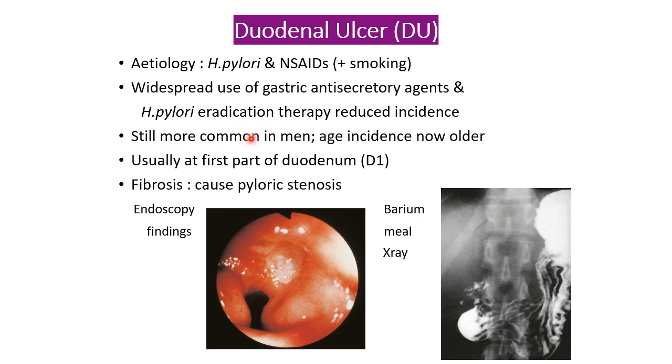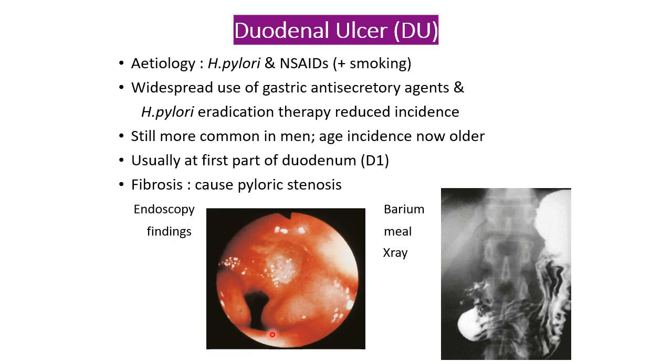Still, it is more common in men, and the incidence is now in an older age group. It usually involves the first part of the duodenum, and if it occurs in the pyloric region, between the first part of the duodenum and the pylorus, it can cause stenosis of the pylorus and gastric outlet obstruction.